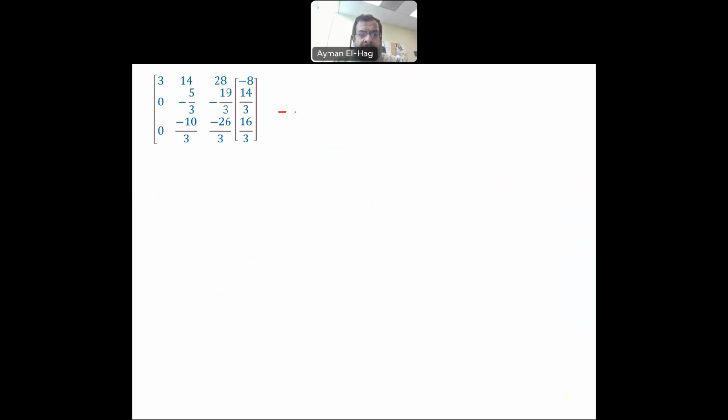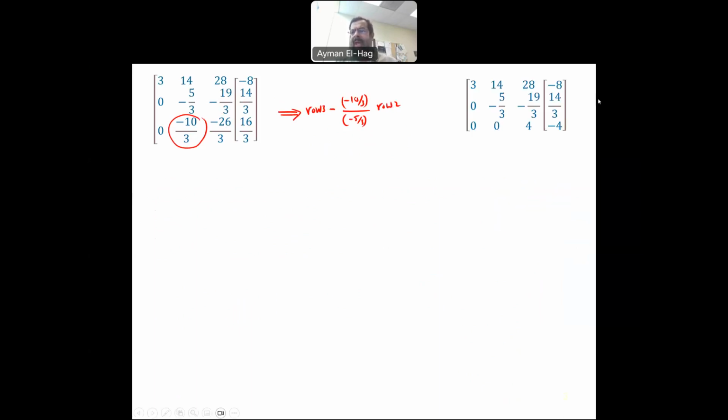So now I will have row 3 minus this coefficient, which is minus 10 over 3, divided by this coefficient, which is minus 5 over 3, times row 2. And if you do that, this is what you're going to have. So this is now the matrix in the final form.